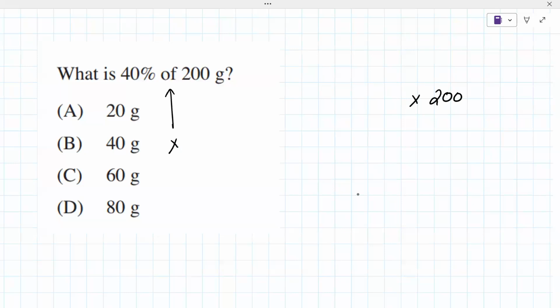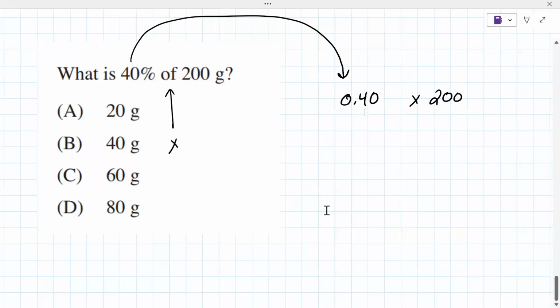And then you have to take this 40% and convert it to a decimal. So what is the decimal of 40%? 0.40. That is correct. So you have to multiply these. Okay. And I'm okay if you use a calculator with this. If you want, you can do it by hand also.